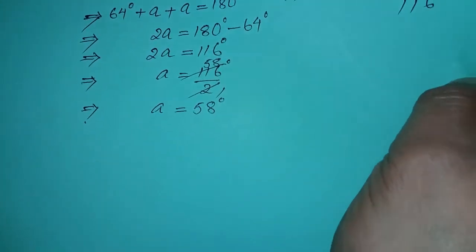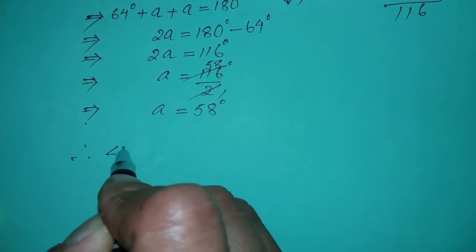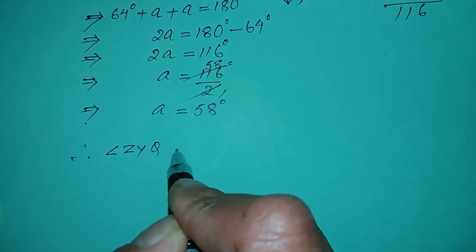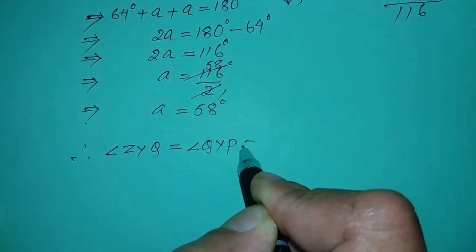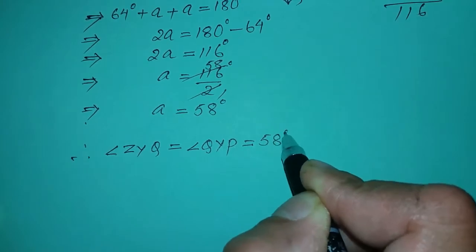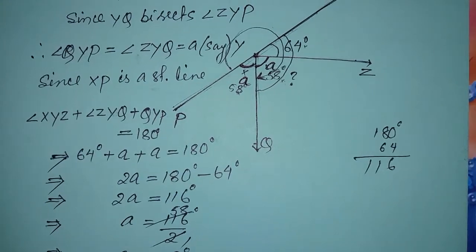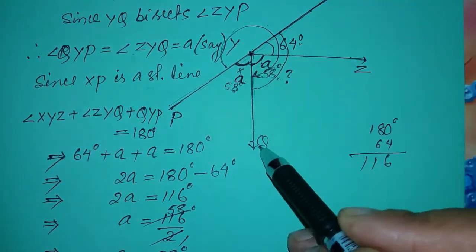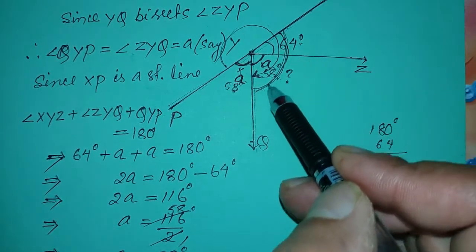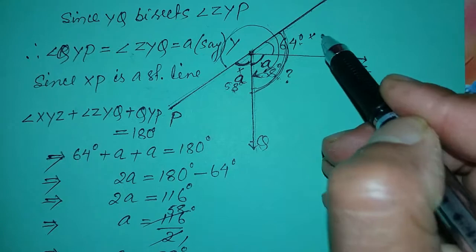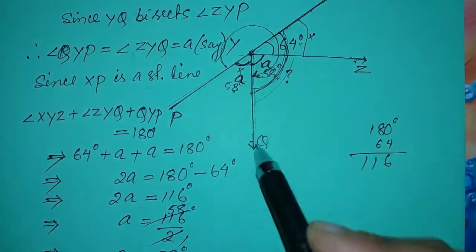Therefore angle ZYQ is equal to angle QYP is equal to 58 degree. Now what we're going to find is this angle XYQ. So this XYQ is made up of this angle and this angle, that is XYZ and ZYQ.